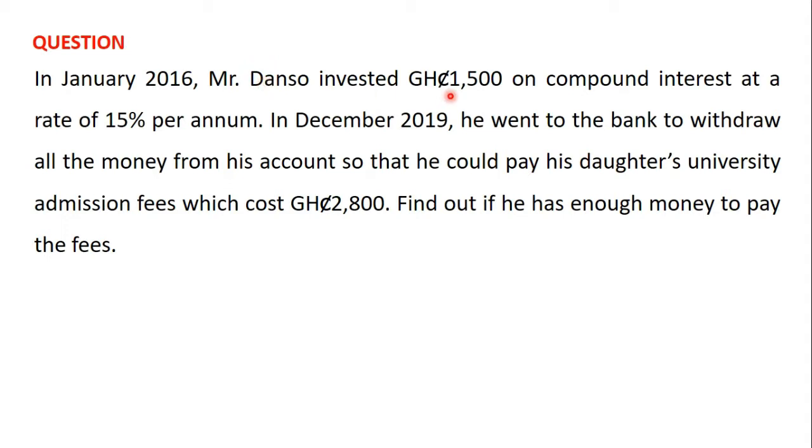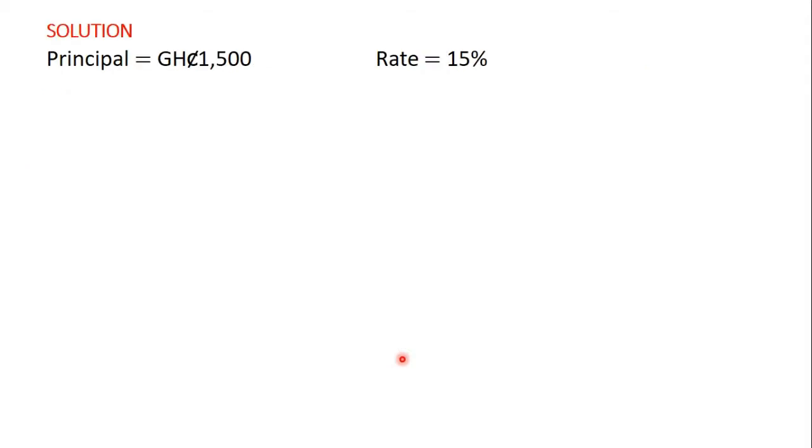We know that he invested 1,500 Ghana cedis in his account. So the principal is 1,500 Ghana cedis, and the rate is 15% per annum. Now we are going to calculate the compound interest.